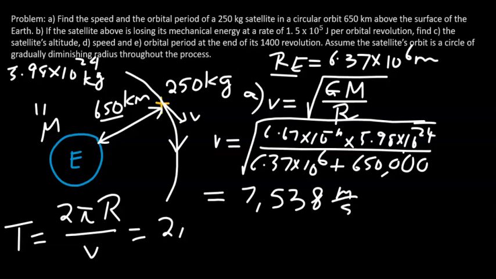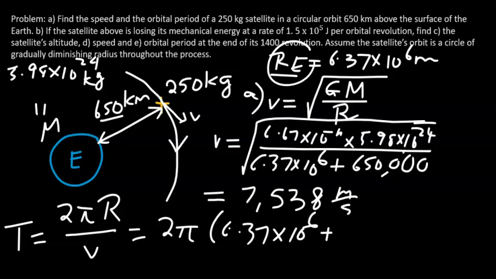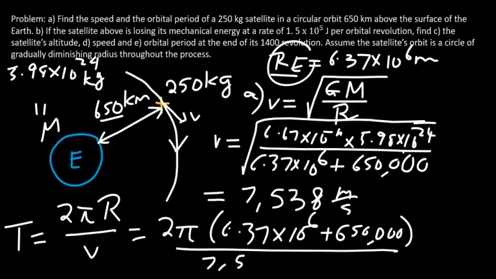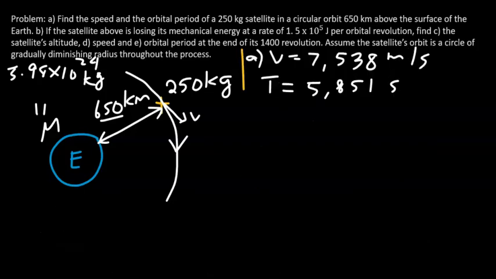So you get 2 pi, capital R is the radius of the Earth, which is 6.37 times 10 to the power 6 meters, plus the altitude, which is 650 kilometers, so 650,000 meters, divided by the speed which we have just computed, 7,538 meters per second. And that's going to give you the orbital period in seconds, which is 5,851 seconds. So we shall record the answers for part A there.